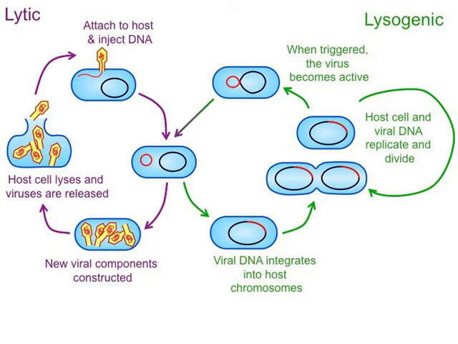But there's two different types of replication that viruses can do, and the more destructive one is the lytic cycle. But not all viruses immediately do the lytic cycle. Some viruses will actually do what's known as lysogenic replication, which is more common.